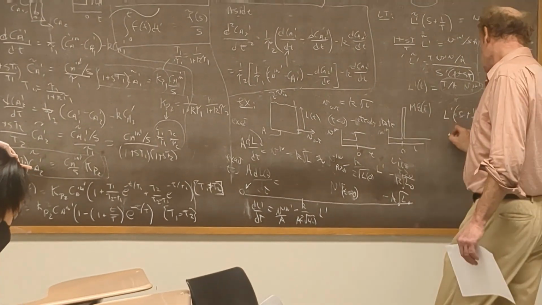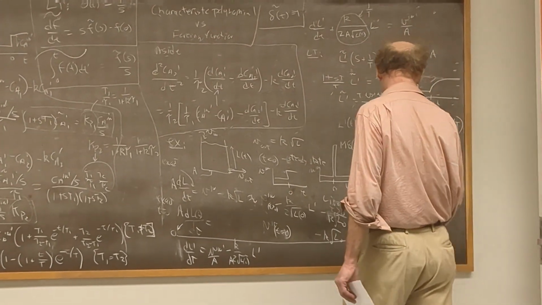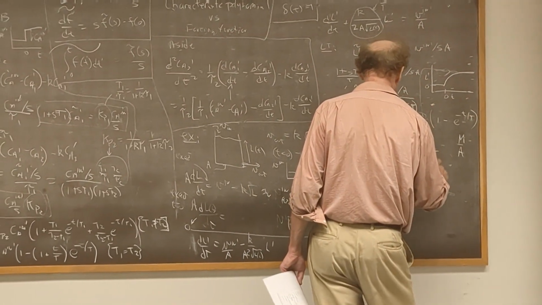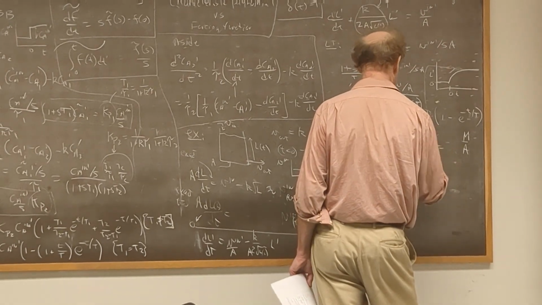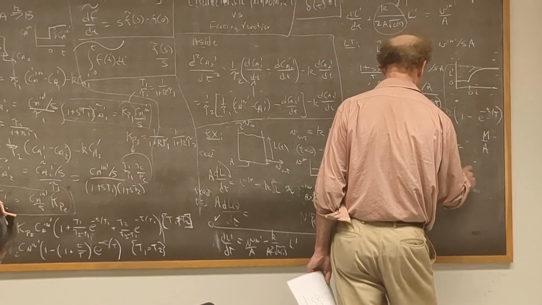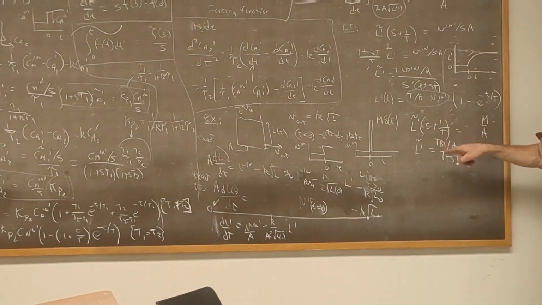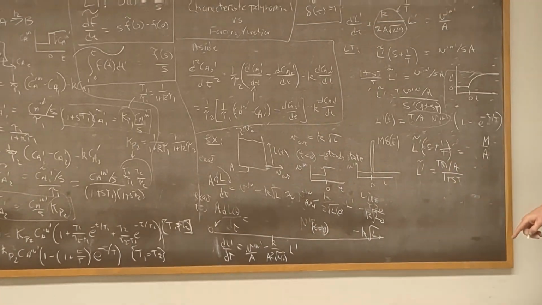So now I have L prime tilde, which is equal to m over a times, so m tau over a over 1 plus s tau. So I just combine s plus 1 over tau into 1 plus s tau over tau.